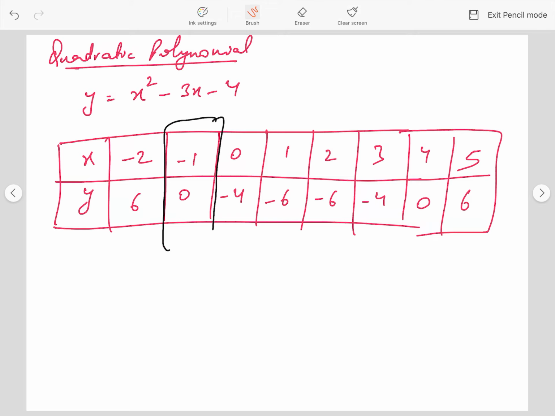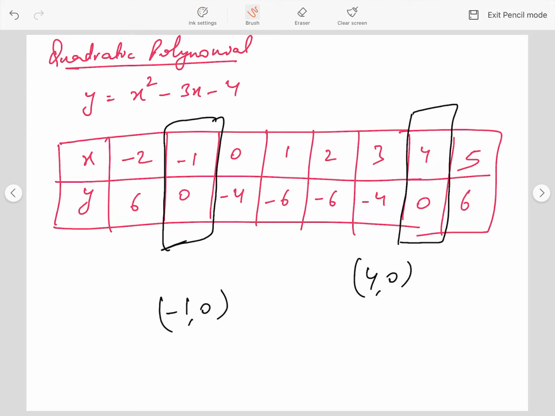As we can clearly see here, we have (-1, 0), where the value of y is 0, and another point (4, 0). So these are the 2 points which will be the zeros of the given polynomial. We have plenty of points for this quadratic polynomial, but there will be only 2 zeros, because only in these 2 cases do we get the value of y as 0.